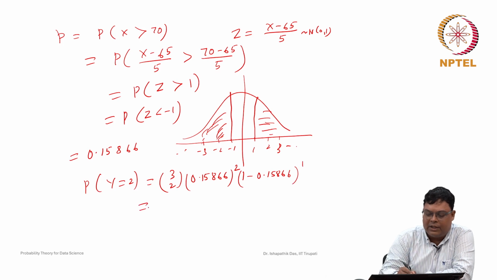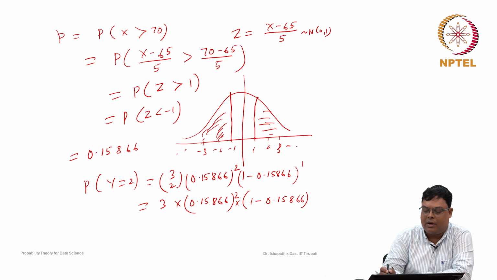This 3C2 is nothing but 3, so it is 3 times 0.15866 squared times the remaining factor. Here we need a calculator to compute this.